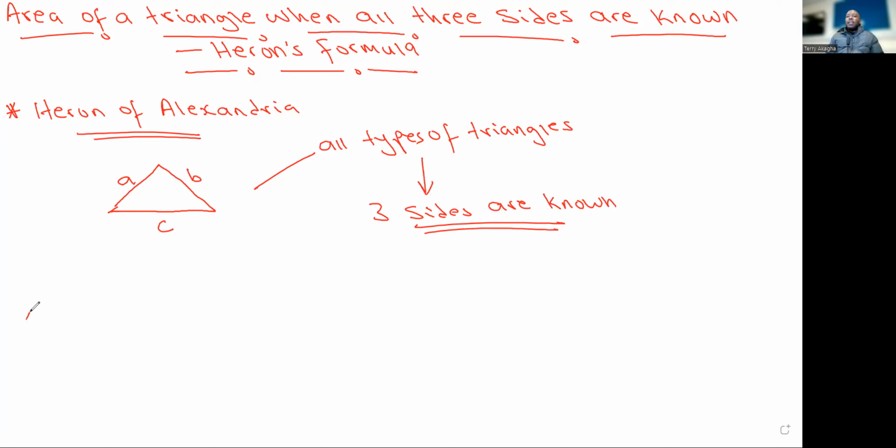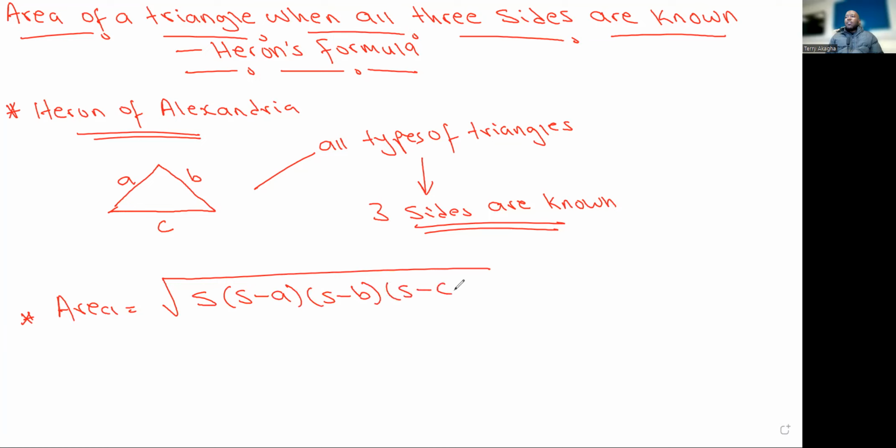Now, what he said was very interesting. He found out that the area was equal to the square root of s into bracket s minus a, s minus b, and s minus c, where s is what we call the semi-perimeter.